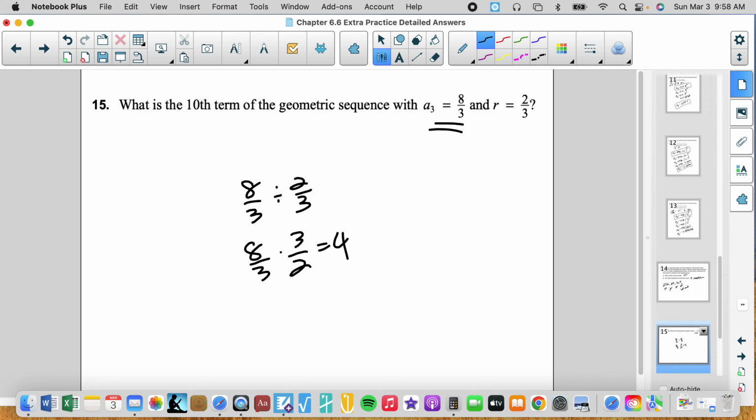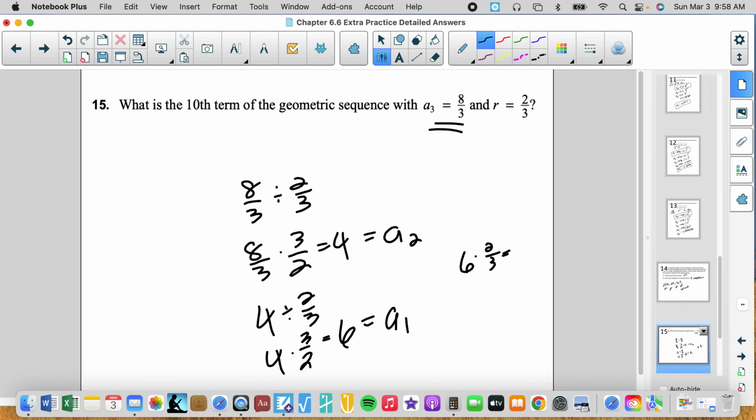So that's going to be a sub 2, and then we divide that by 2/3, which is multiplying by 3/2, which equals 6. That's a sub 1. Let's look at that. 6 times 2/3 equals 4, yes. And 4 times 2/3 gives us 8/3.